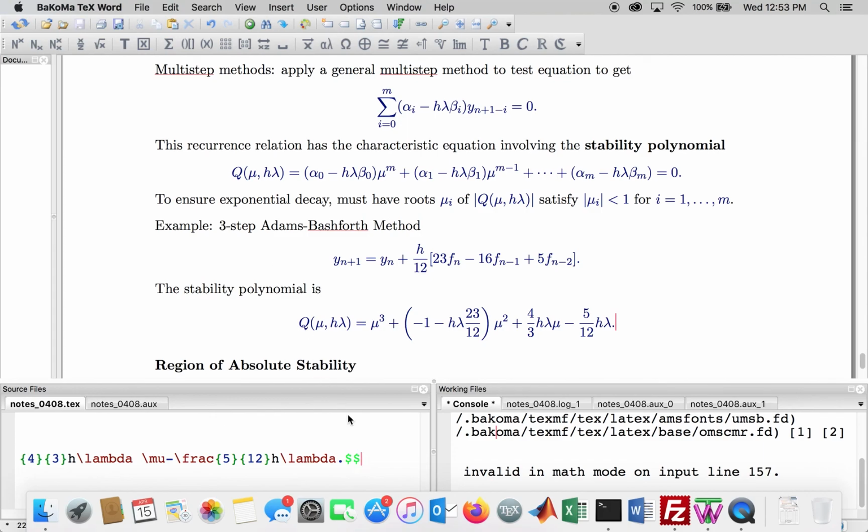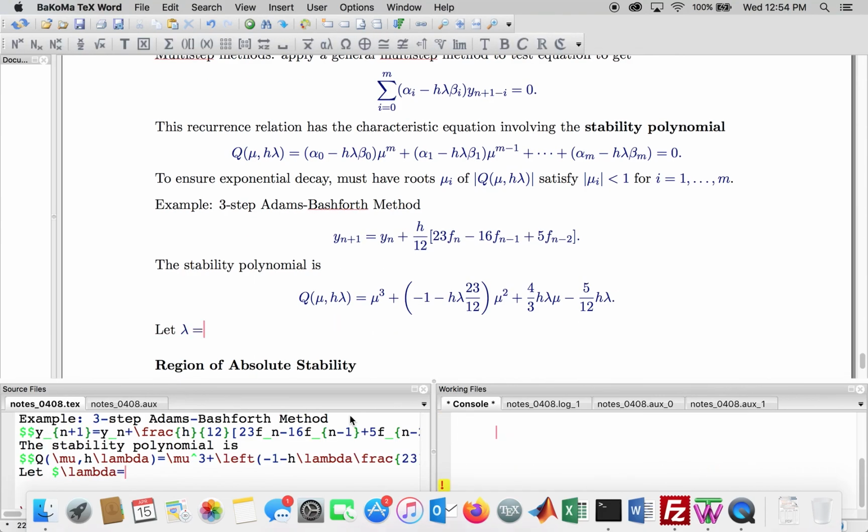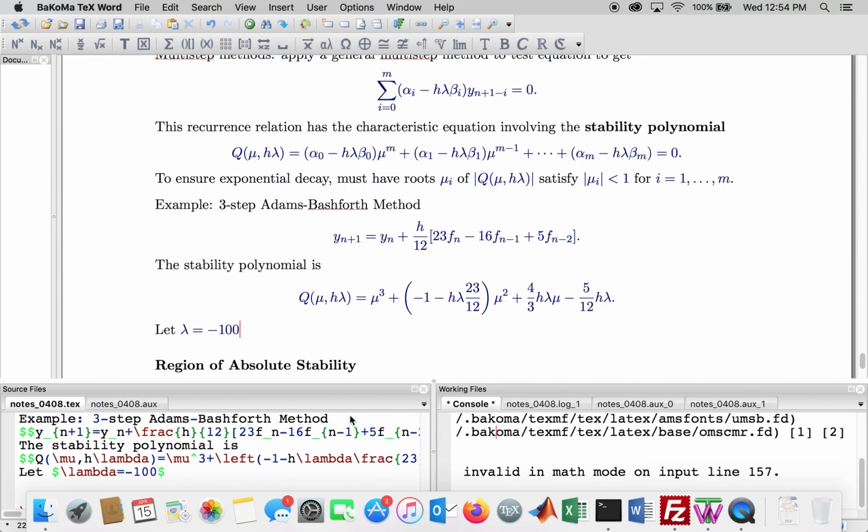Now the problem is, for most multi-step methods, it's not possible to analytically compute the roots of a stability polynomial. So really what you can do is plug in values of h and lambda. As an example, focus on a specific problem, lambda equal to minus 100 like we saw before.